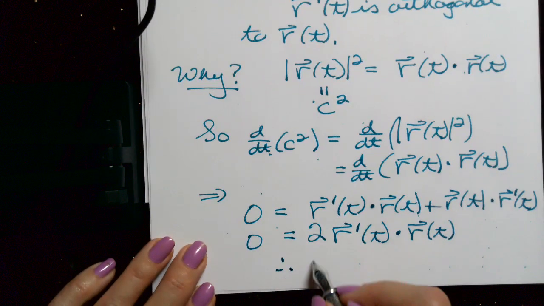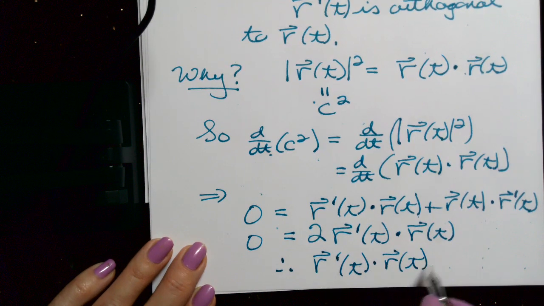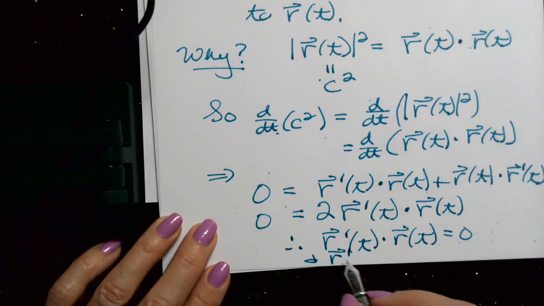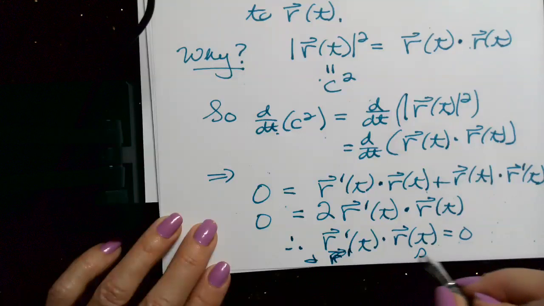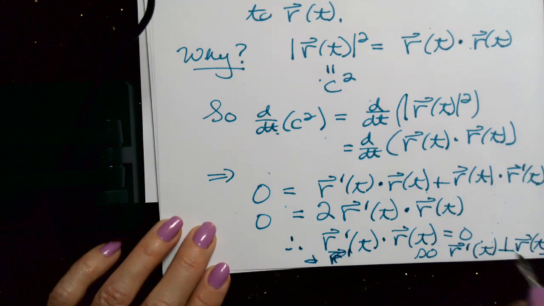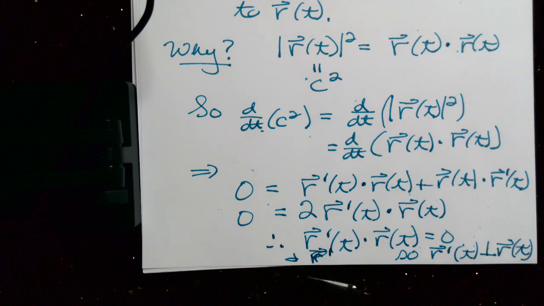Therefore, r prime dotted with r is equal to 0, so r prime of t is orthogonal to r of t. I like to use the old high school notation for orthogonal. It saves some writing. That's less important here than on the blackboard, but it's still a handy notation to have.